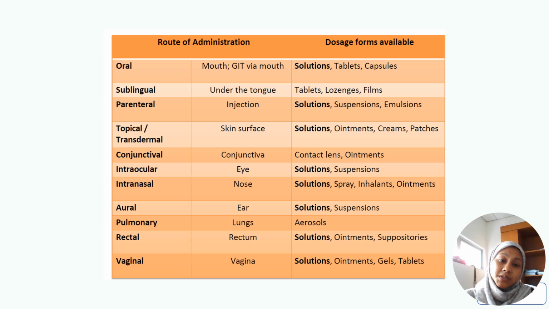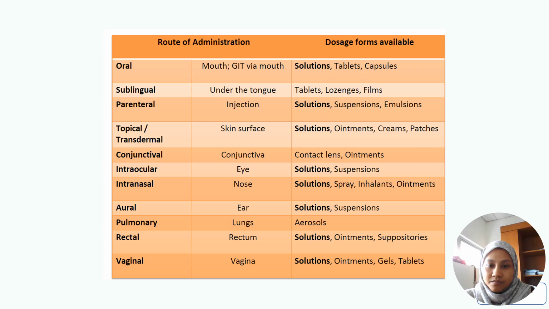You don't have to remember, but it's good for you to know that we have a lot and variety of routes. We have oral, sublingual. Sublingual basically is under the tongue. Pulmonary, through the lung, rectal, vaginal. Conjunctival means through the conjunctiva, intraocular means to the eye.